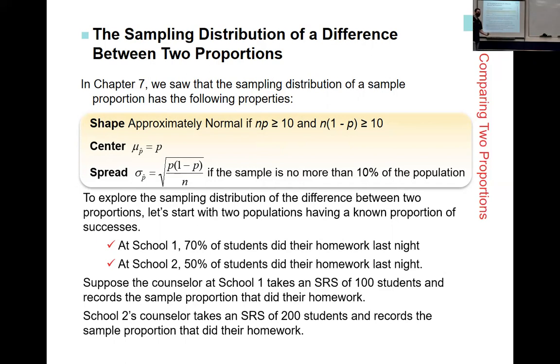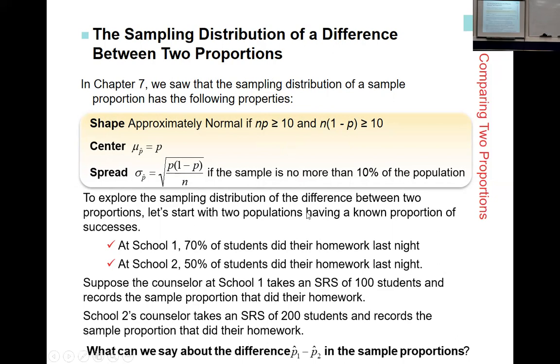And so the variable we're interested in is the difference of homework completion between school 1 and school 2. We're going to make P1 be school 1 and P2 be school 2. And what we're going to talk about is what the difference in the proportions is.